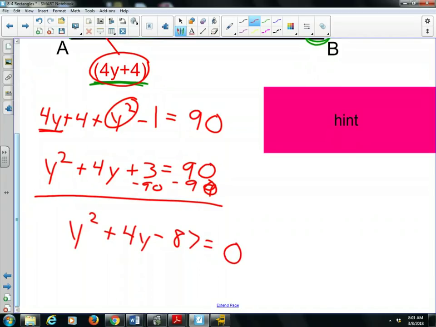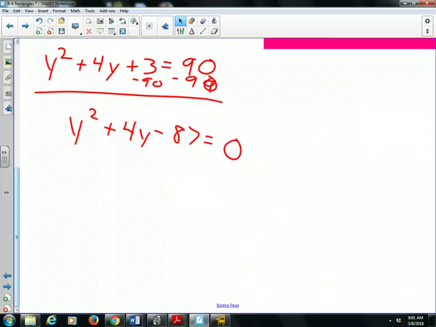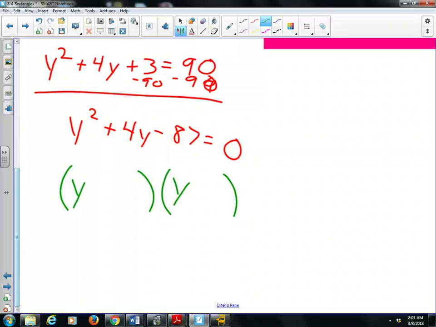When you're solving these kinds of problems, when there are three different terms, a squared term, a y term, and a constant term, we should think we've got to solve by factoring. You don't have to write this down just yet, but you would start thinking, okay, I've got to get y times y to get y squared, and factors of 87 to get you 4.